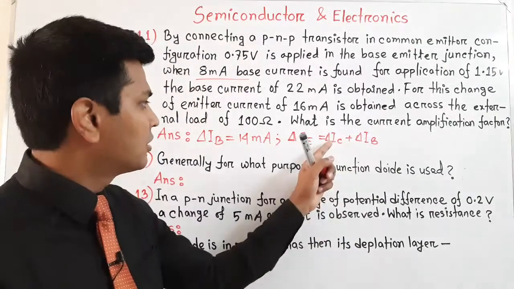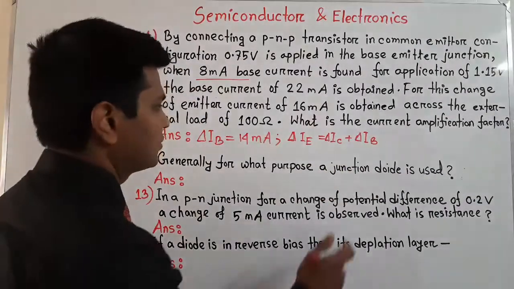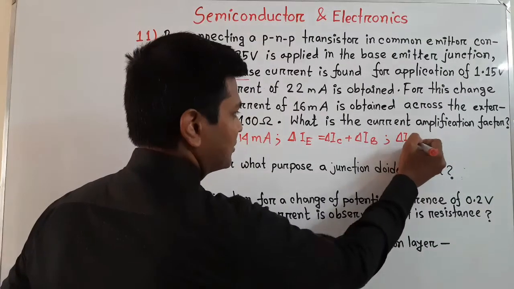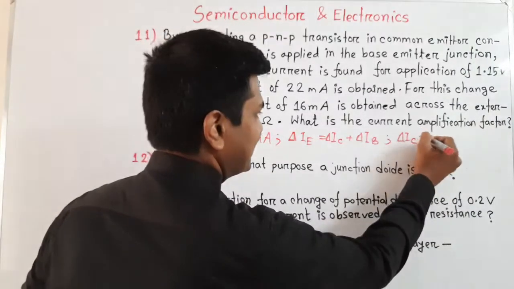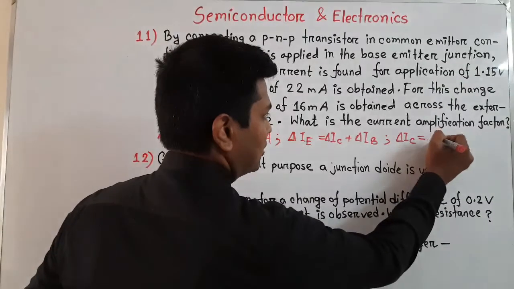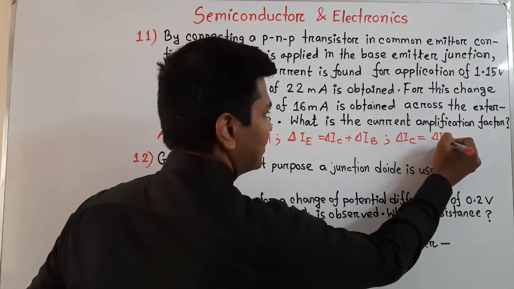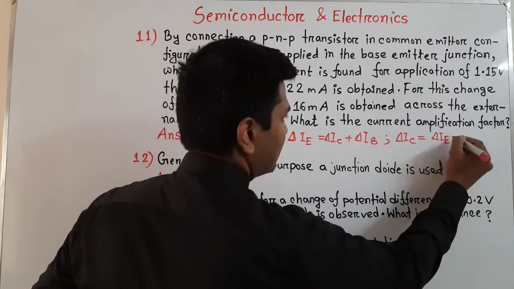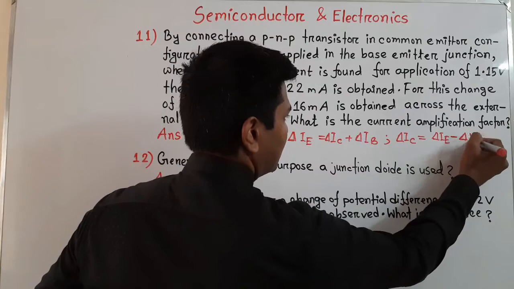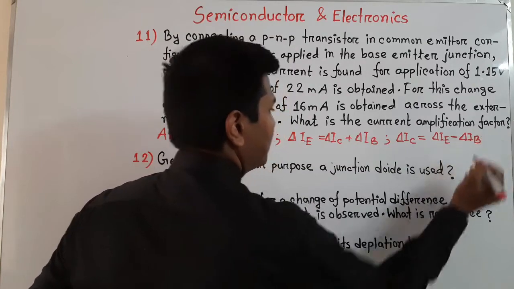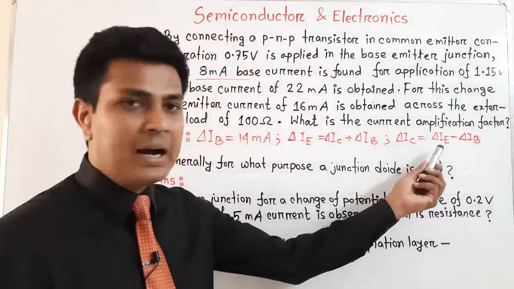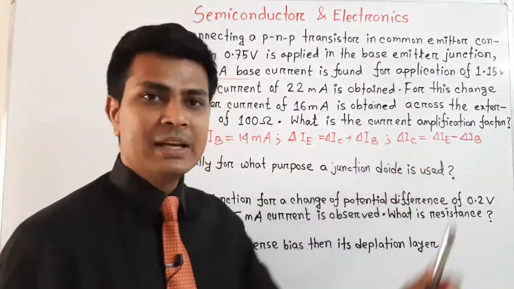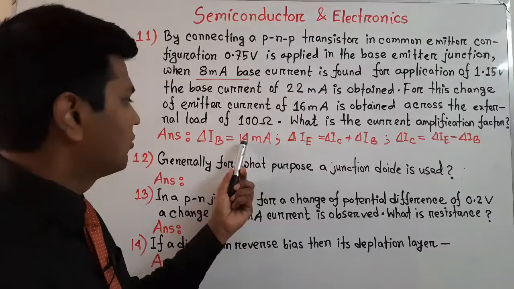And change of collector current is not given here, so we have to calculate the change of collector current, that means del IC, and you can write here del IC equals del IE minus del IB, and del IE is given here as 16 milliampere and del IB is here 14 milliampere.